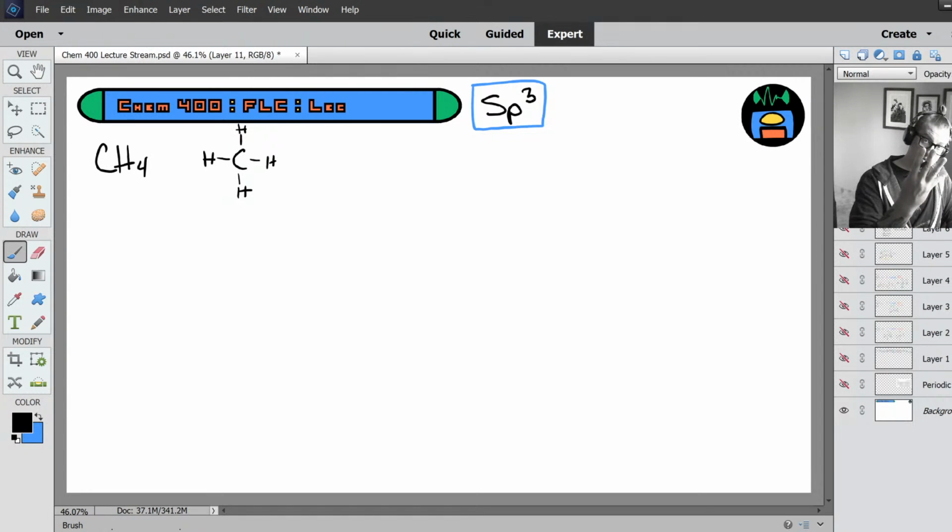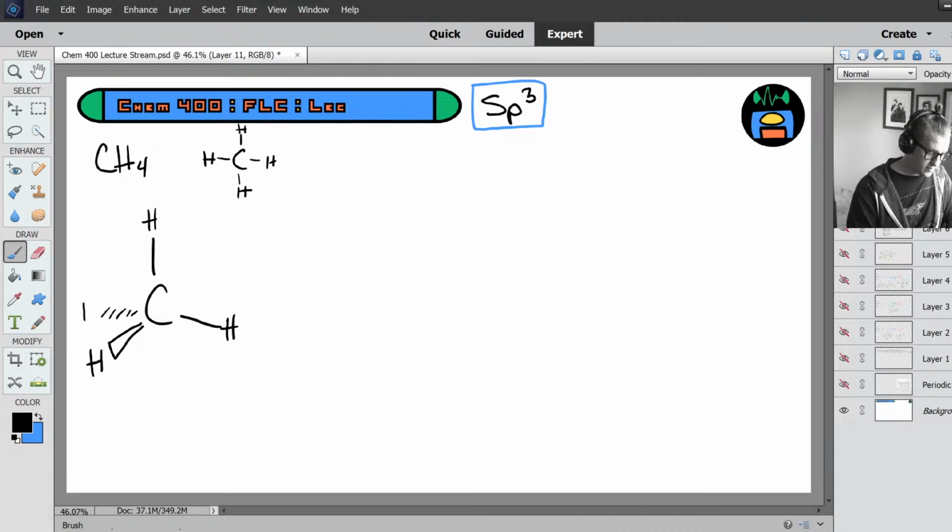We've got 4 electron groups, no lone pairs, so we have a tetrahedral geometry. Every tetrahedron is the same. We have 2 bonds in the plane of the board, or page, or screen, 1 wedge and 1 dash. We have hydrogens in every position, and we have bond angles of 109 degrees.